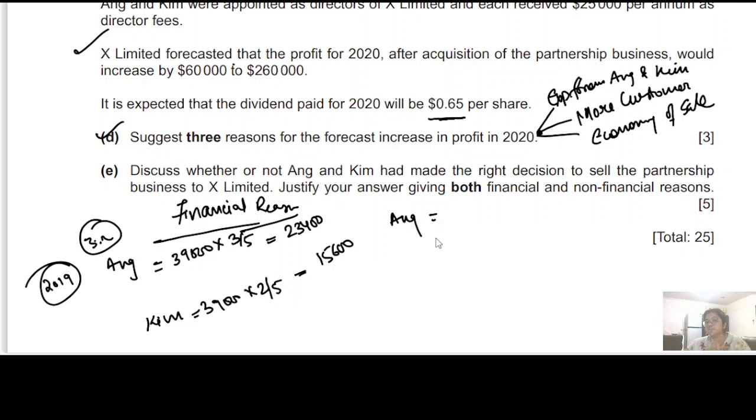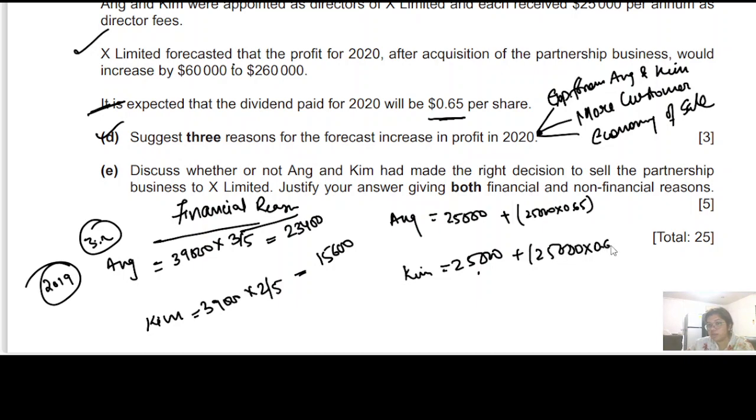Total ordinary shares are 50,000, so we divide equally, 25,000 for Ang and 25,000 for Kim, since the face value is $1. Now you're getting a dividend also: 25,000 into 0.65, and the same for Kim, 25,000 into 0.65.